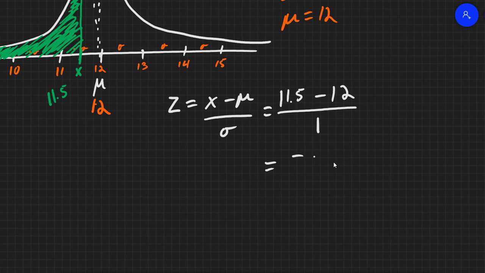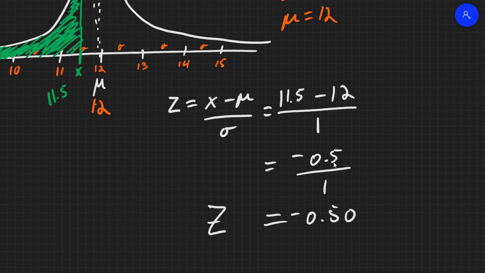This is negative 0.5 over 1, which means that I end up with negative 0.5. When you do a Z-score or a Z transformation, I encourage you to use 2 decimals, 2 places after the decimal.